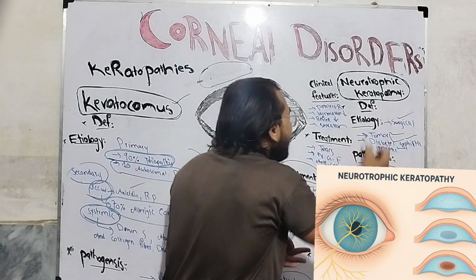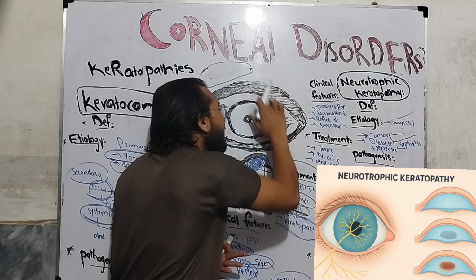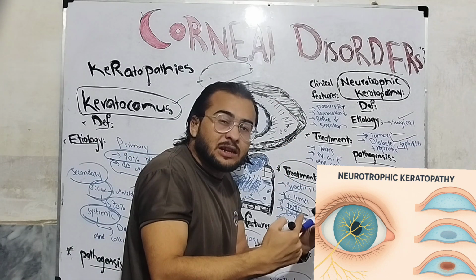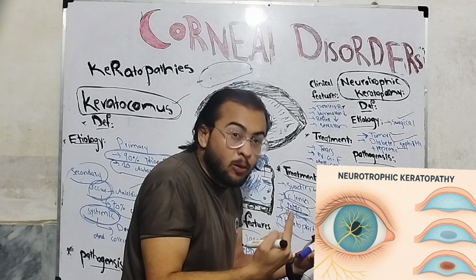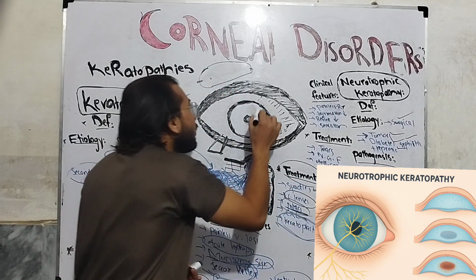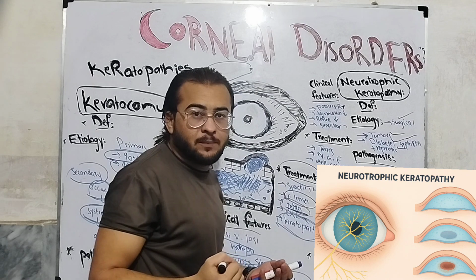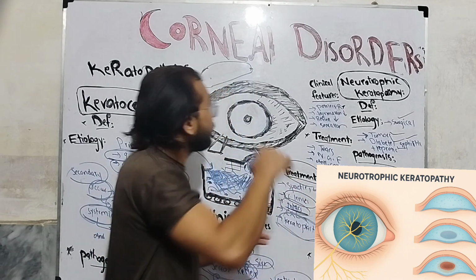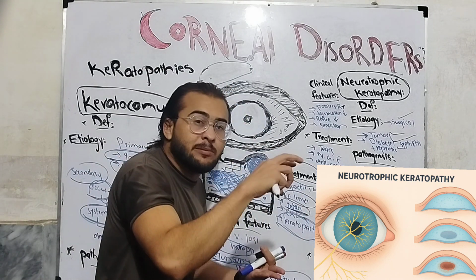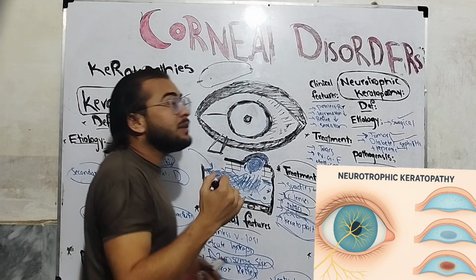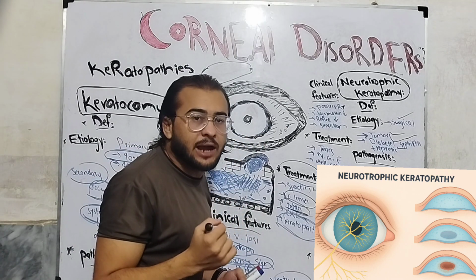So when the trigeminal nerve is damaged and denervated, there will be no reflex lacrimation and no blinking. So the cornea will be exposed to the external environment and can easily be damaged. The third mechanism of corneal epithelial damage is that the trigeminal nerve also releases substances called neuropeptides.